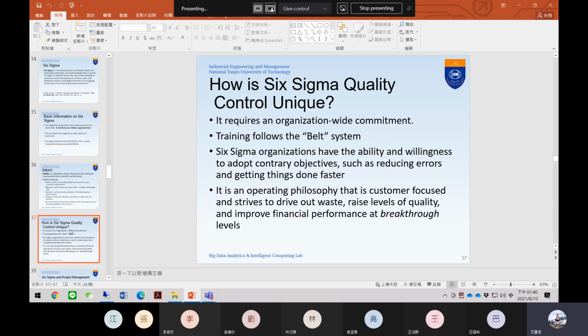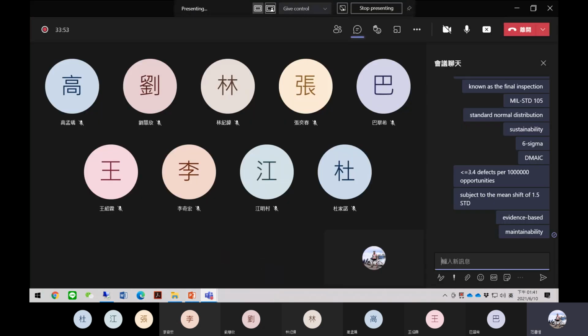Six Sigma organizations have the ability and the willingness to adopt contrary objectives, such as reducing error and getting things done faster. So it is about efficiency and effectiveness, from both sides.